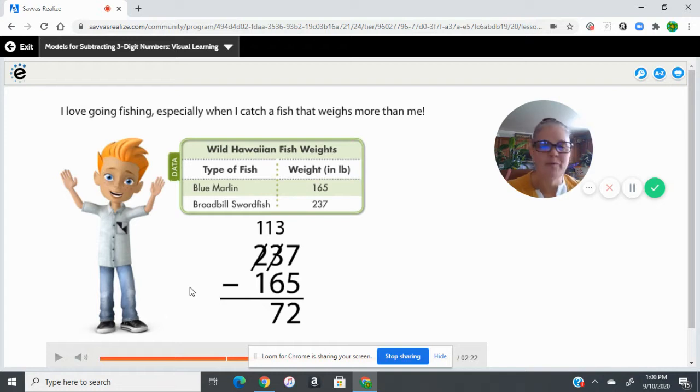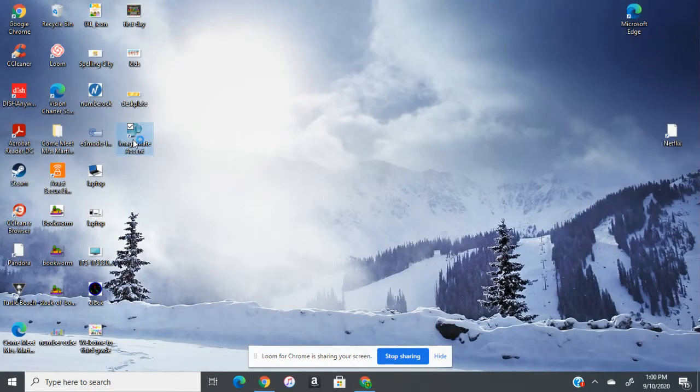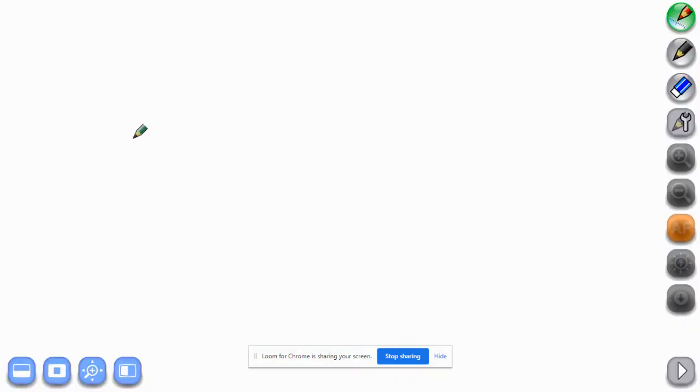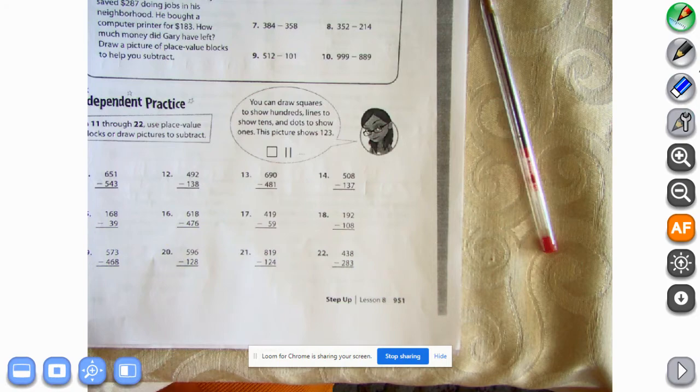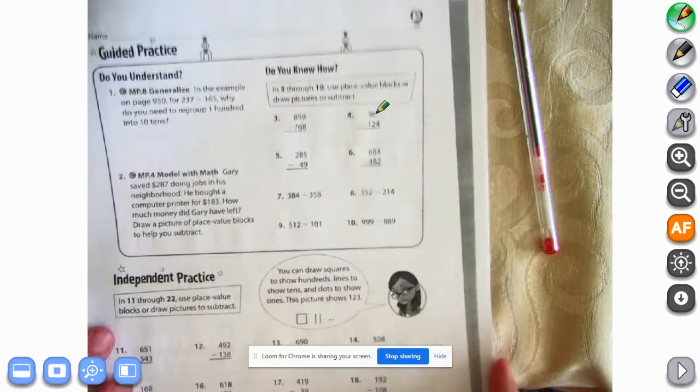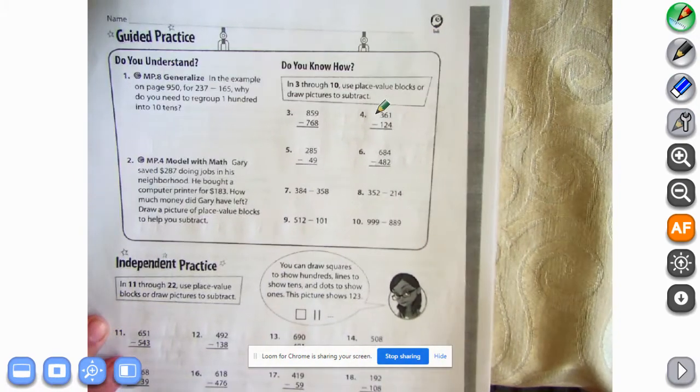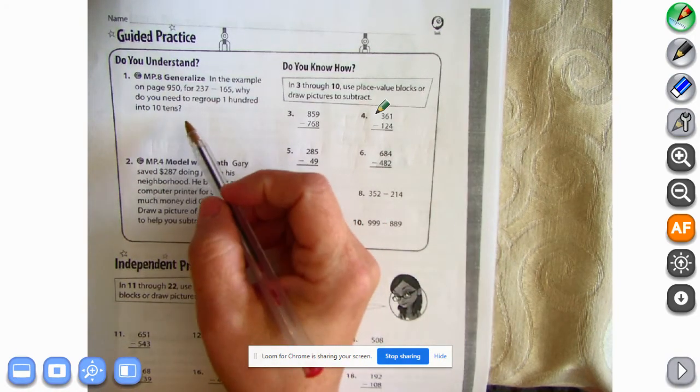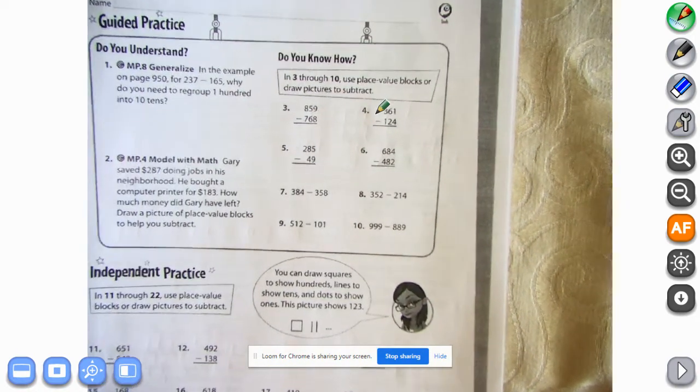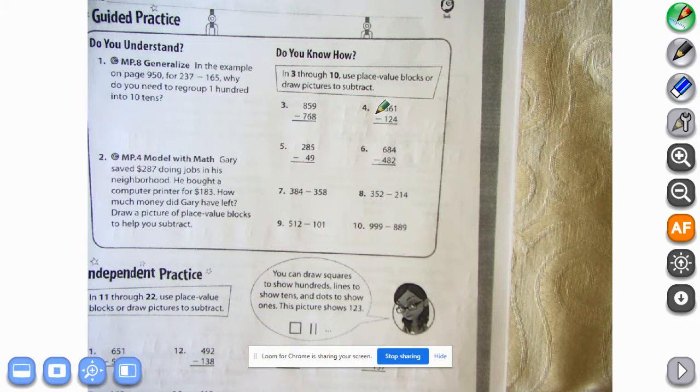All right, we're going to get out our paper. So let me switch back to our camera. All right, so let's go to the guided practice part. And so let's look at number 1. In the example on page 950, we don't have that one, but it's like the video.